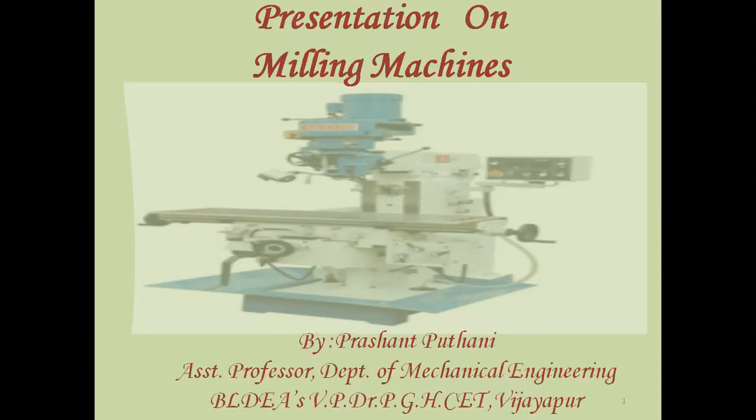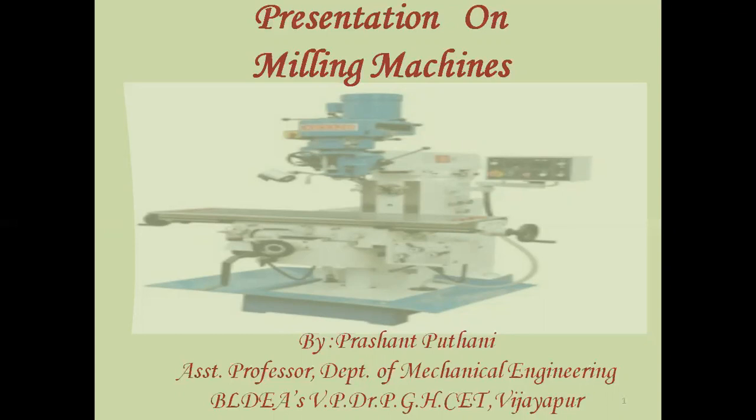As the workpiece moves against a rotating cutter, the cutter which you are using is a multi-point cutter. Keep this in mind. For the milling machine, the cutters you are using are multi-point cutters. As this cutter moves along the workpiece, it removes the excess metal such that we can get the desired job.